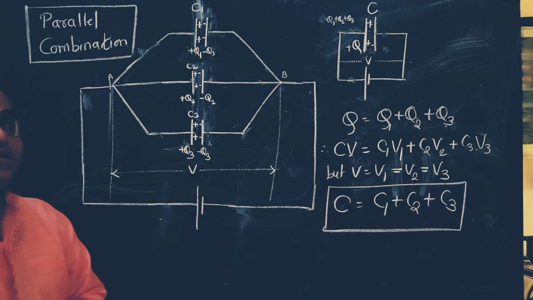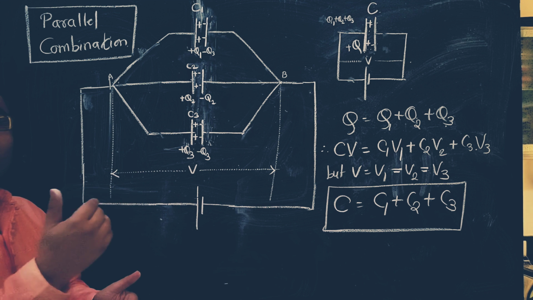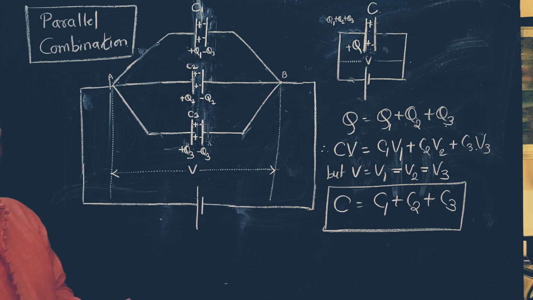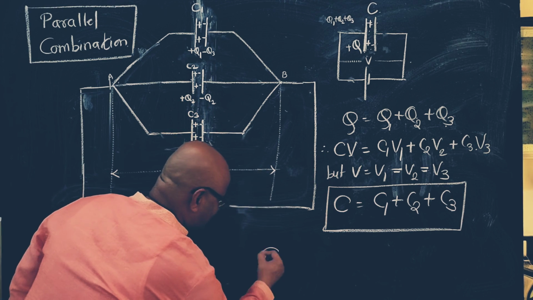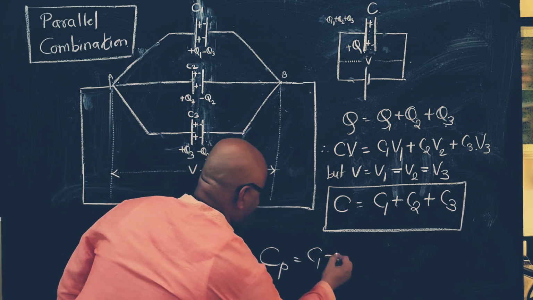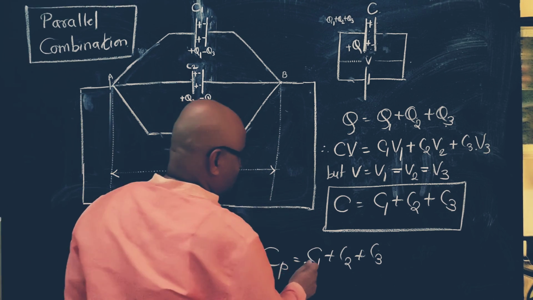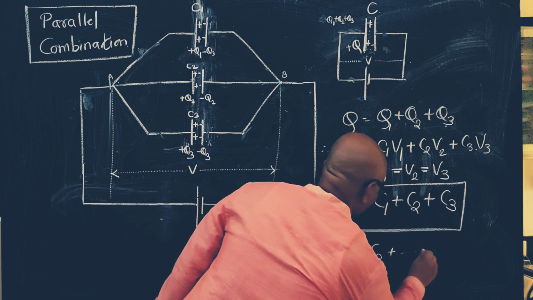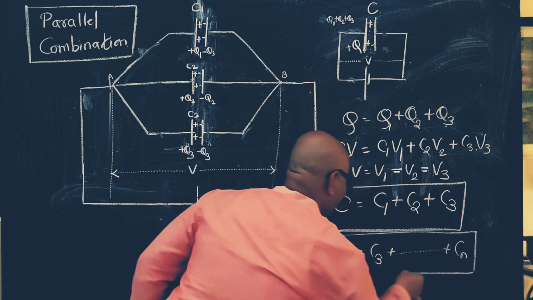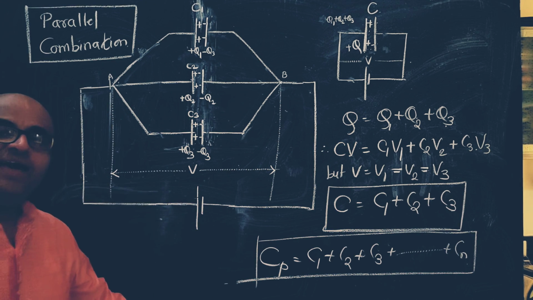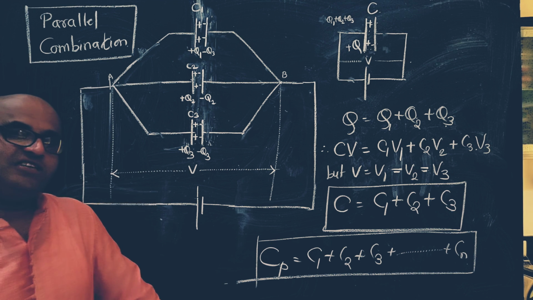However, what happens in a capacitor? When capacitors are connected in series, 1 upon Cs is equal to 1 upon C1 plus 1 upon C2 plus 1 upon C3. And when n capacitors are connected in parallel, the equivalent capacitance is given by Cp is equal to C1 plus C2 plus C3 plus till Cn. यानी अगर मुझे कैपेसिटेंस बढ़ाना है तो मैं कैपेसिटर्स को पैरेलल में कनेक्ट करूंगा या सीरीज में?